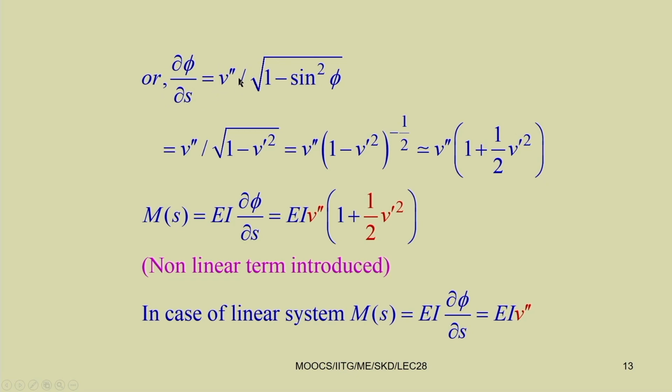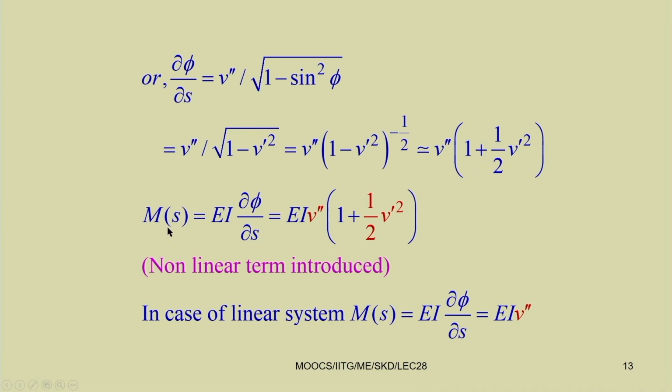Sin phi we know is V dash, and cos phi is root over 1 minus V dash square. So, this is equal to V double dash into 1 minus V dash square to the power minus half, which is V double dash into 1 plus half V dash square. We have expanded this binomially.